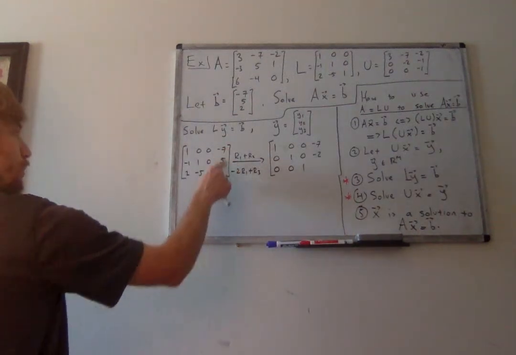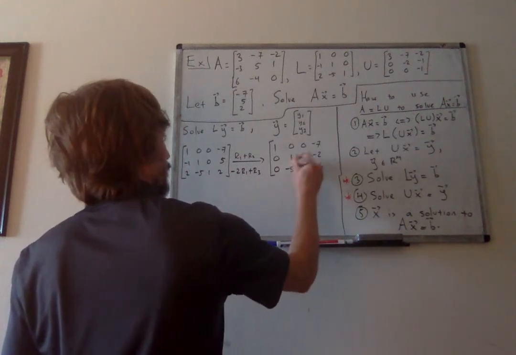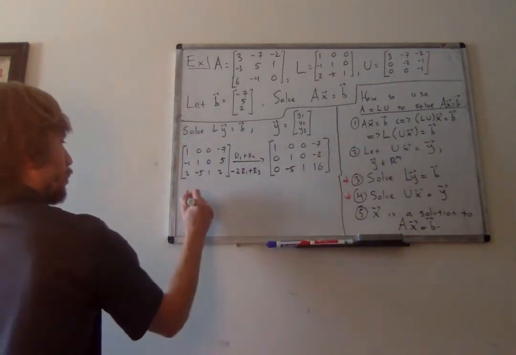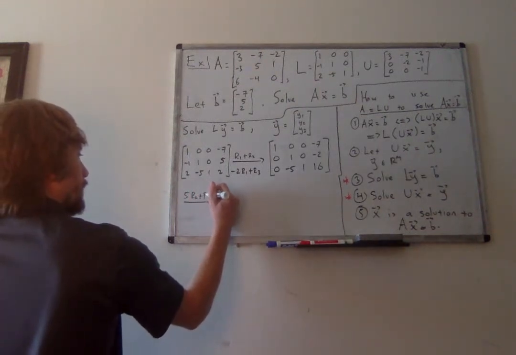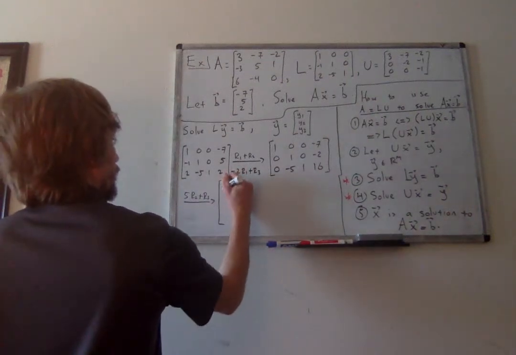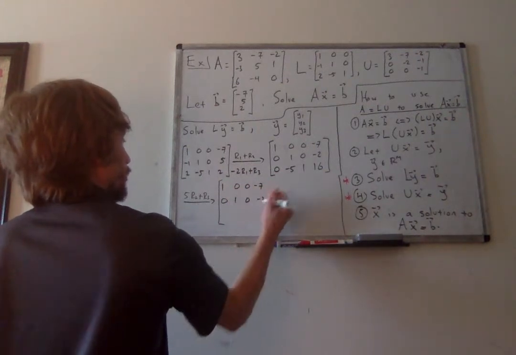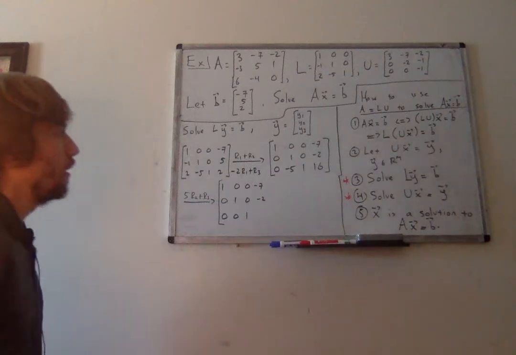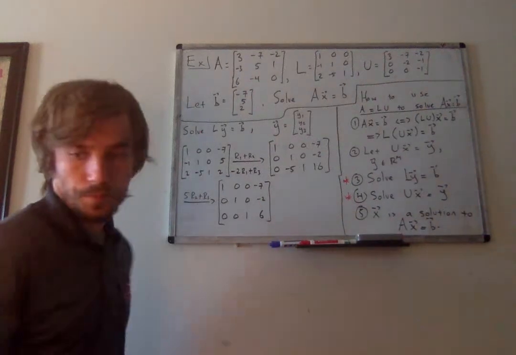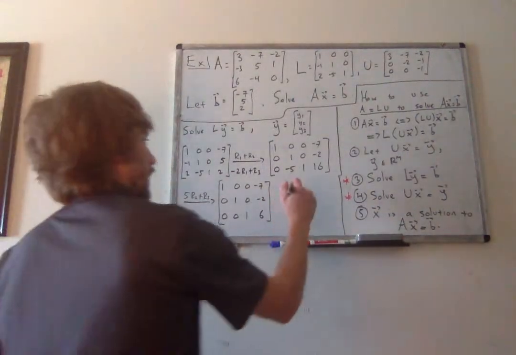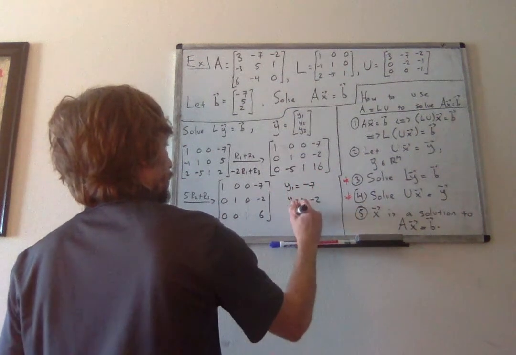So -2 row 1 plus row 3, that should give me 16. And of course I should have a -5 here. And so now I do one more row reduction step. I do 5 row 2 plus row 3. And I get the matrix 1, 0, -2, 0, 0, 1, and that would be 6. And so notice I've now found my vector y in a very efficient manner using only 3 row reduction steps.